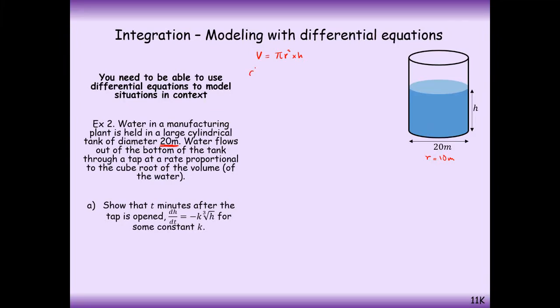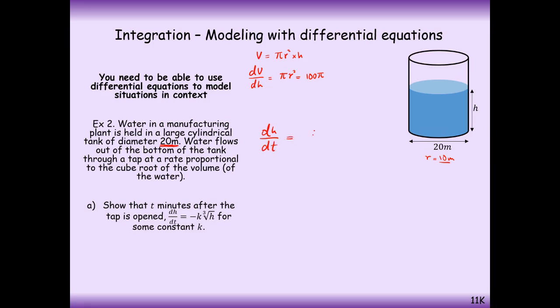We can find the derivative of volume with respect to height. That is simply pi r squared. Our value of r is a constant 10, so that is 100 pi. Now we have to calculate dH by dt. How can we get dH by dt?